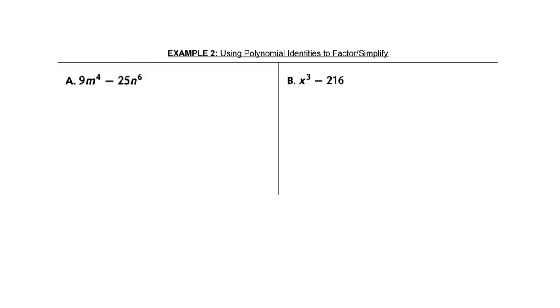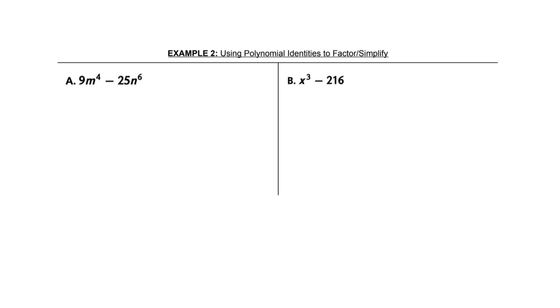Now, in example 2, we're going to use polynomial identities to factor or simplify. So essentially, we're going to work backwards. Okay, so say we had a difference of squares, and then we used some type of multiplication, and then we got this solution, which is the solution for a.